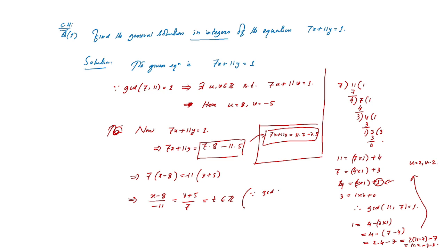And since GCD of 7 and 11 equals to 1, so 7 must divide y plus 5 and 11 must divide x minus 8. Okay, and from that we can write x equals to 8 plus minus 11t, and y equals to minus 5 plus 7t. Where t is basically integer, so t equals to 0, plus minus 1, plus minus 2 and so on.